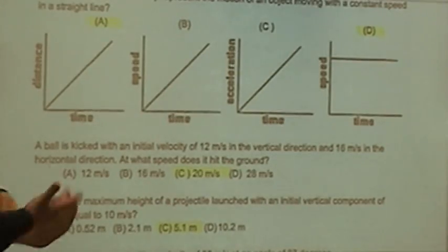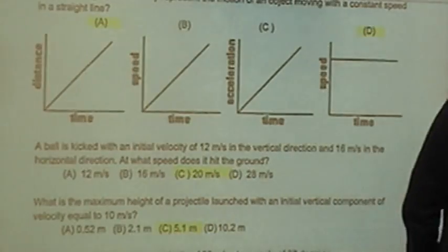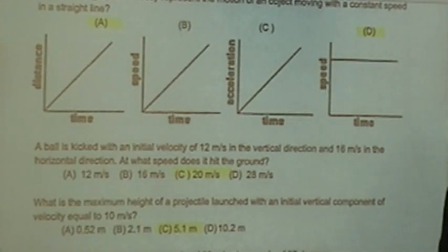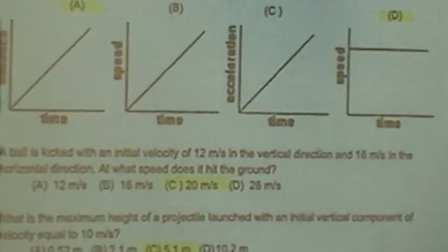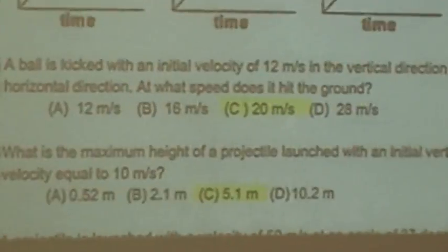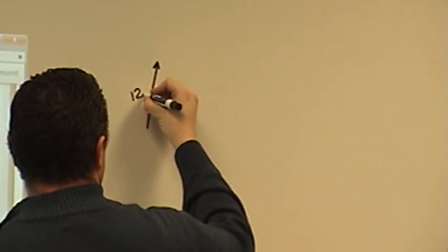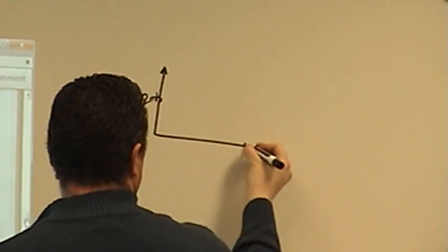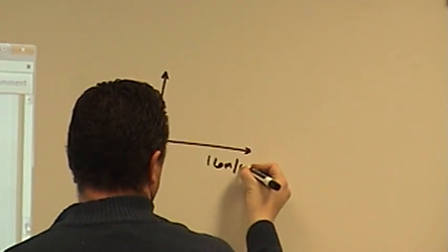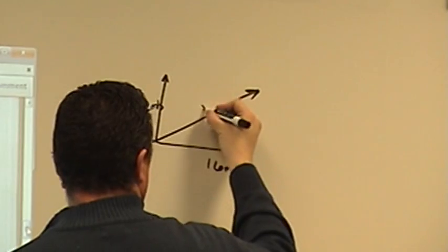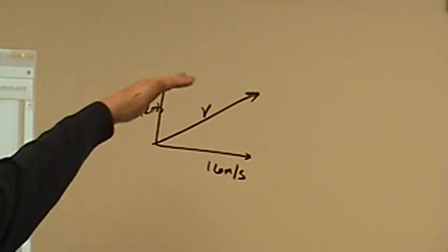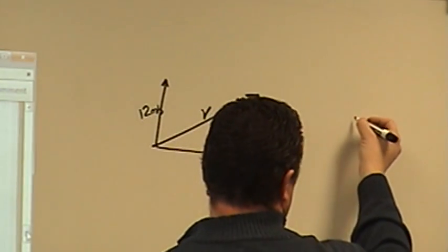So if something is going up at 12 meters per second, and at the same time horizontally 16 meters per second, that's your overall velocity. When it goes up, it's going to come down and be doing the same thing.